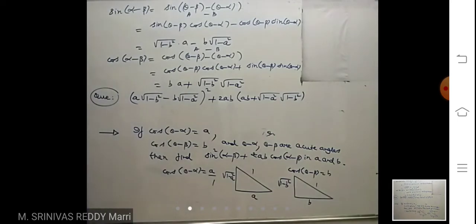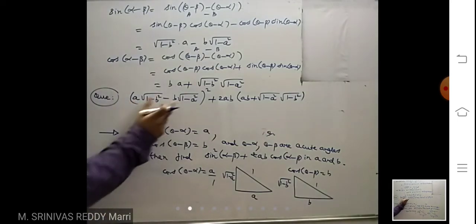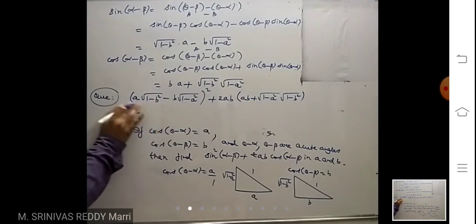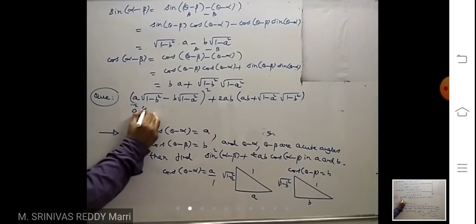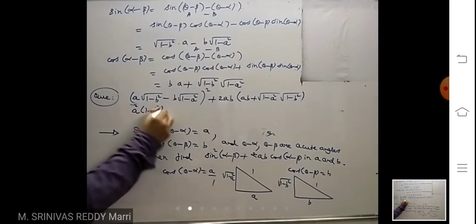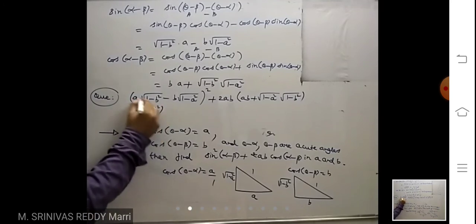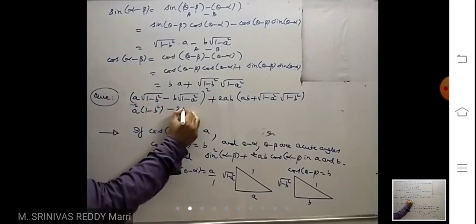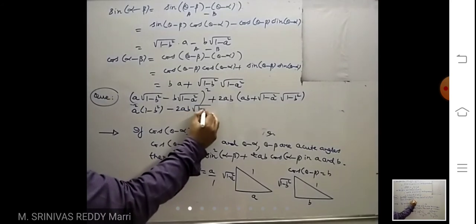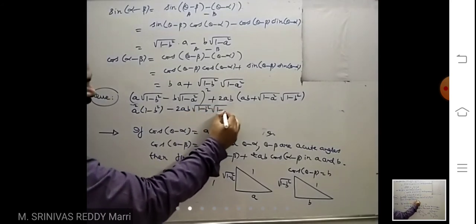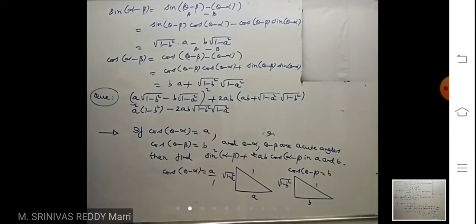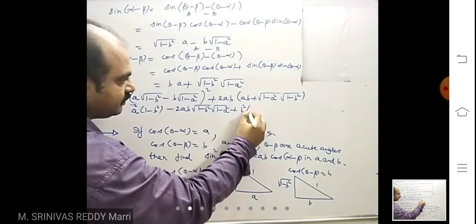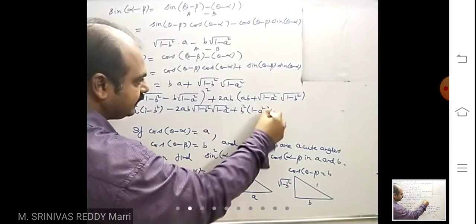Now look at this, a minus b whole square: a square into 1 minus b square, this root will be gone, minus 2ab into root of 1 minus b square, plus b square into 1 minus a square.